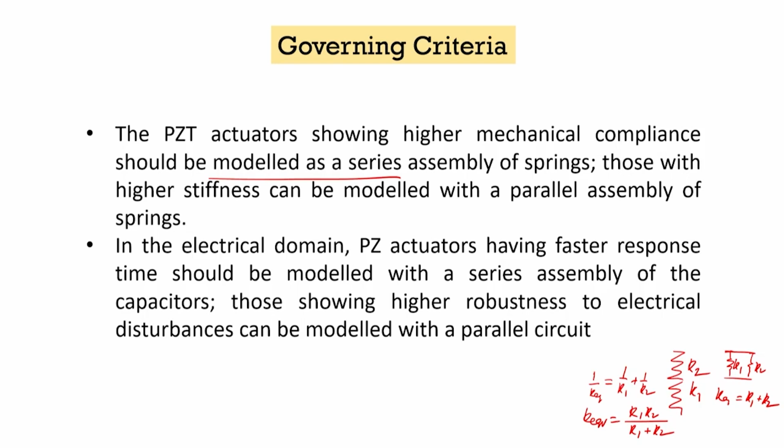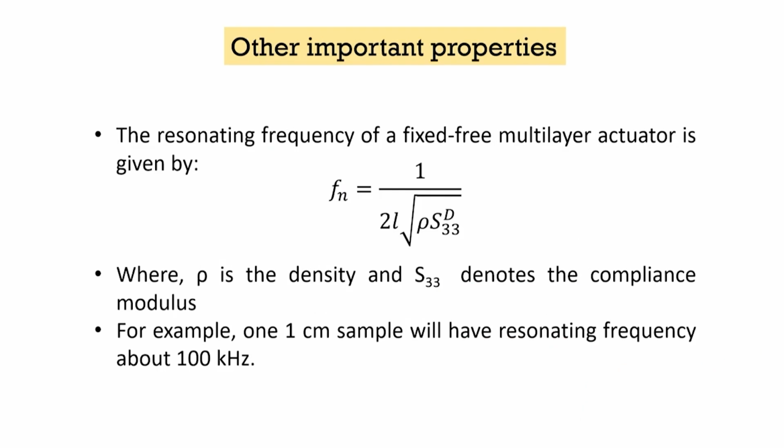In the electrical domain, PZT actuators having faster response time should always be modeled with a series assembly of these capacitors, and those showing higher robustness to electrical disturbances need to have a parallel circuit. So, depending on the applications, we need to choose the circuits and the stack arrangement.